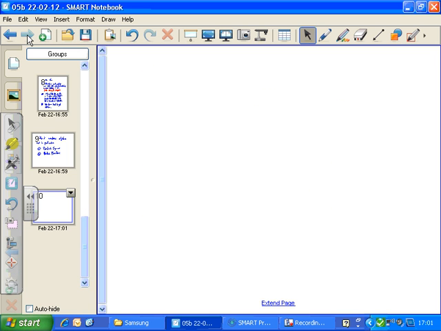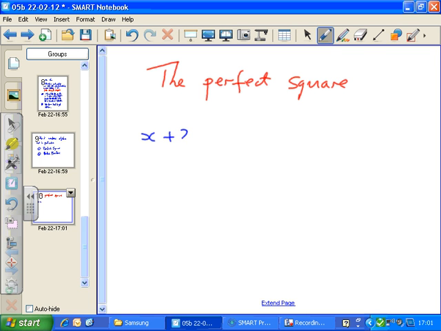Right, let's have a look at the perfect square then. Right, David. x plus 2 squared.